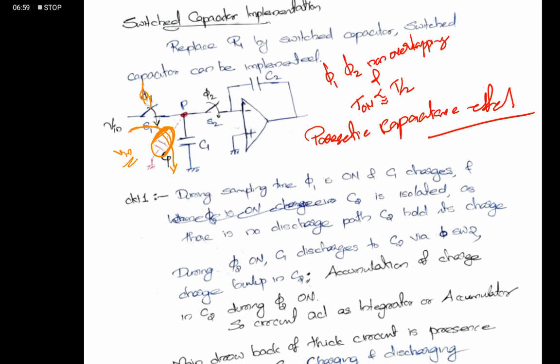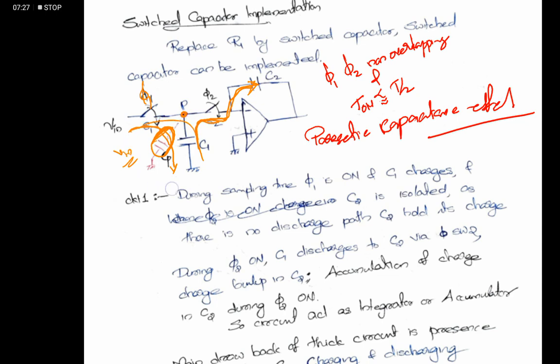Parasitic means the capacitance between two connecting wires, or some depletion capacitance or something like that. So due to the parasitic capacitance, that may also charge from the Vin. If we take the same path to discharge C2 through the parasitic point P itself, what happens?